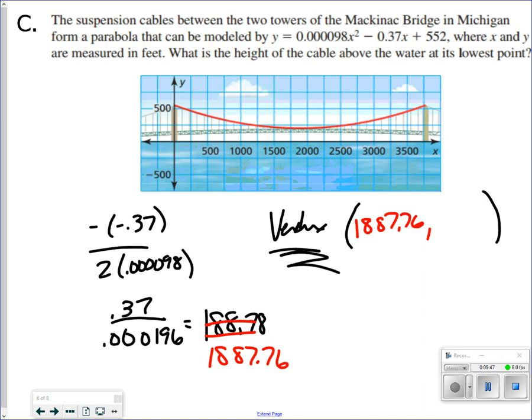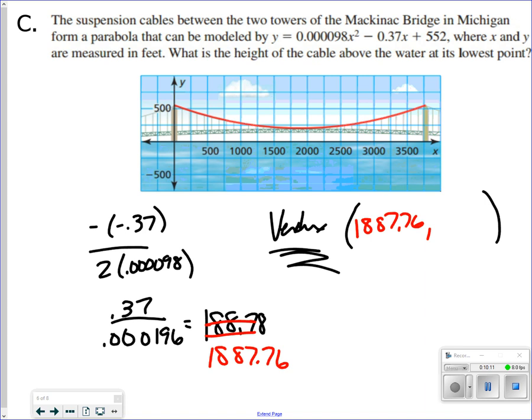So I'm going to type this in. I'm going to tell you what to type. 0.000098 times 1887.76 parentheses squared minus 0.37 times 1,887.76 plus 552.